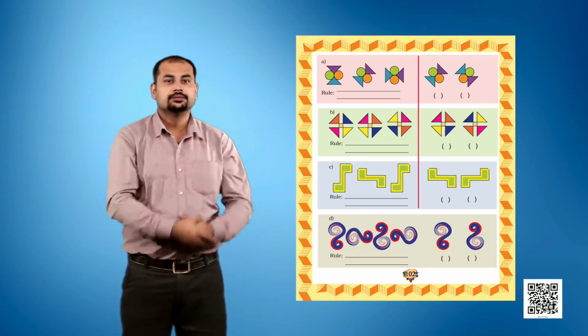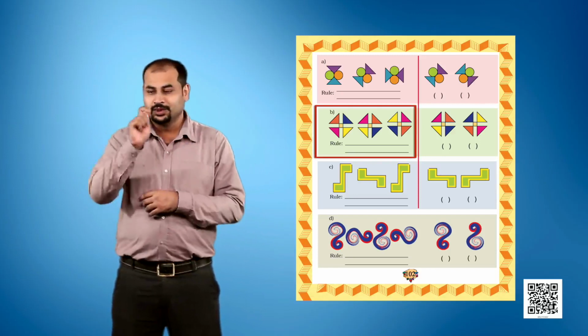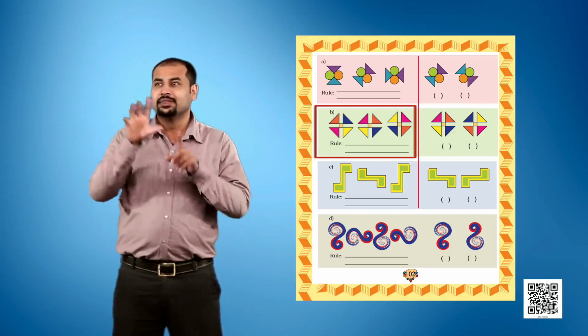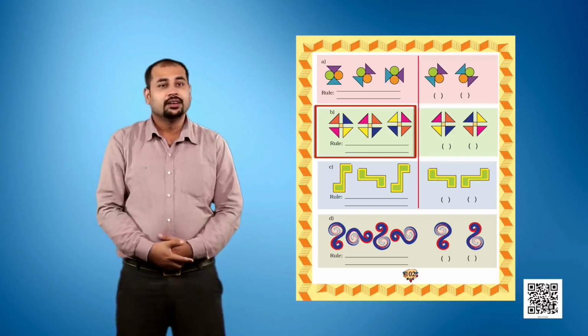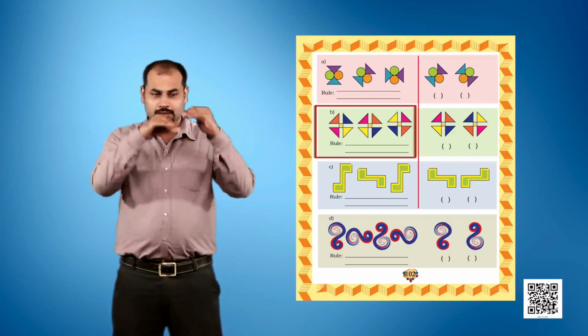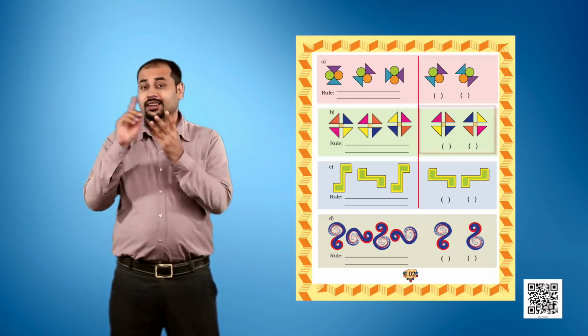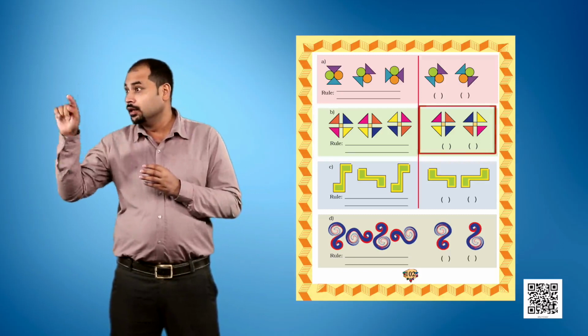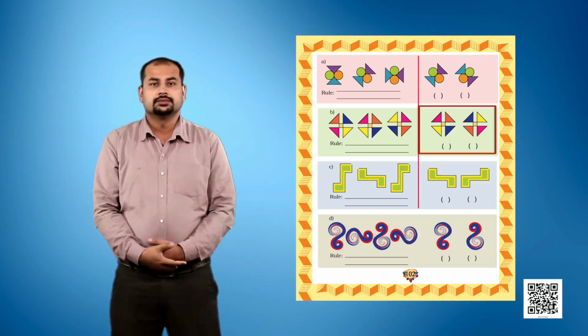B. A kite-like pattern is shown again as 3 instances. Identify the rule and write it down in the blank space. Also choose what would be the next instance from the 2 choices given on the right. Tick mark the correct one.